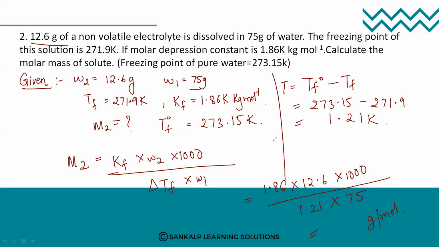Okay, if I take it as 1.255, but it will not make it clearer. Okay, 1.86 into 12.6 into 1000 divided by 1.25 into 75.